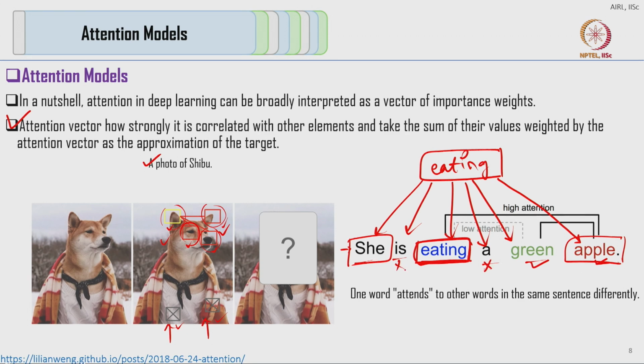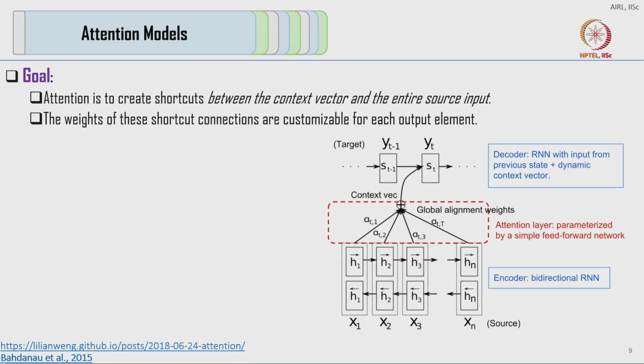So, this is essentially how the attention mechanism or the attention vector works: it focuses on the context for the task, assigns weight to each of these inputs, and based on these inputs it produces a meaningful output. Now, the goal of attention is to create shortcuts between the context vector and the input source.